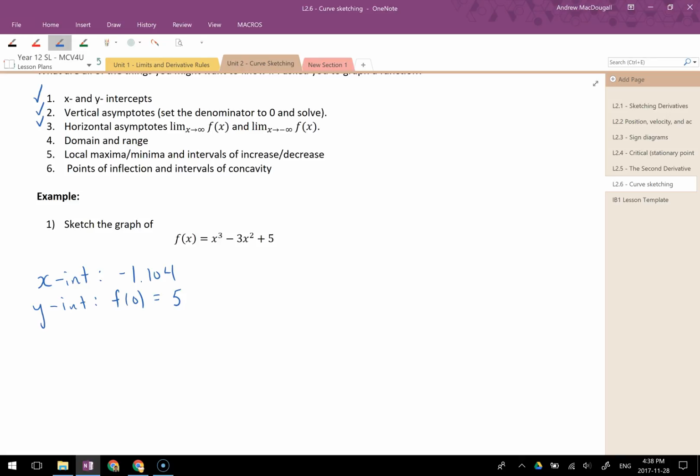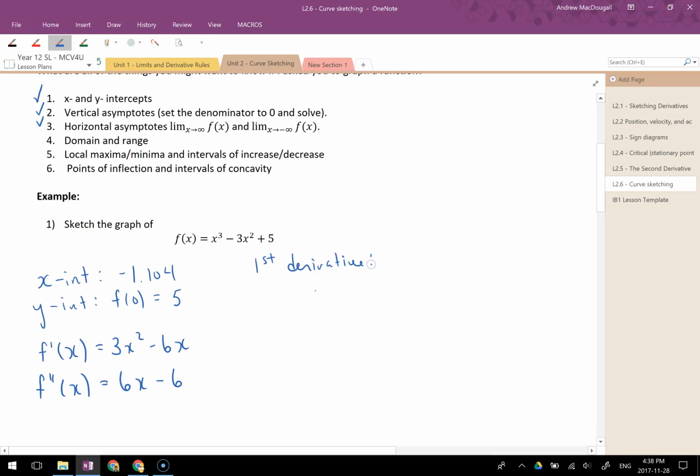Local maximum and intervals of increase and decrease. So we're going to need the first and second derivatives for that. f prime of x is 3x squared minus 6x, and f double prime of x is 6x minus 6. Now, let's look at where our first derivative is 0 to get the critical points.